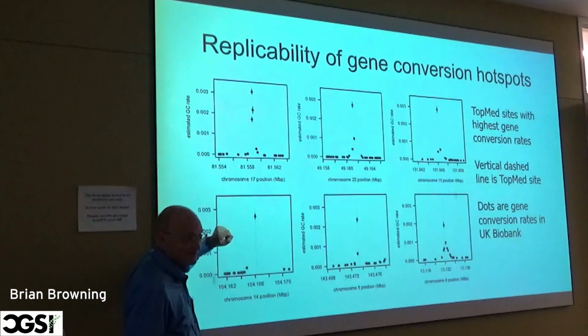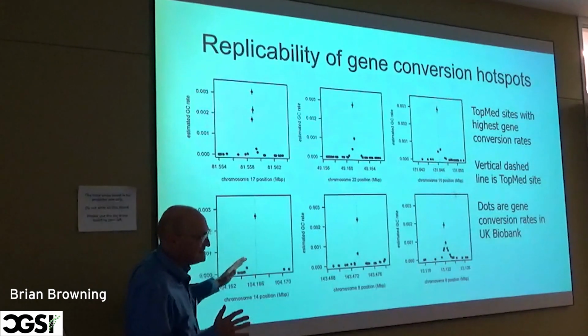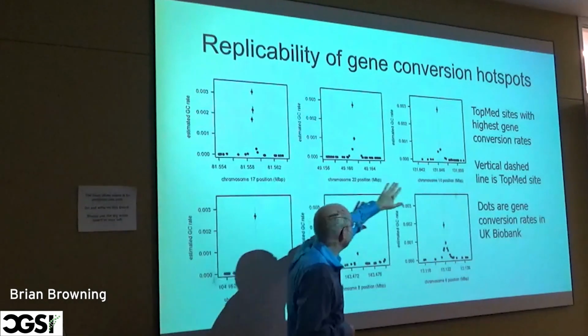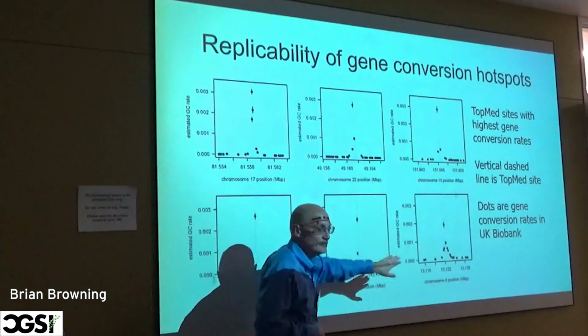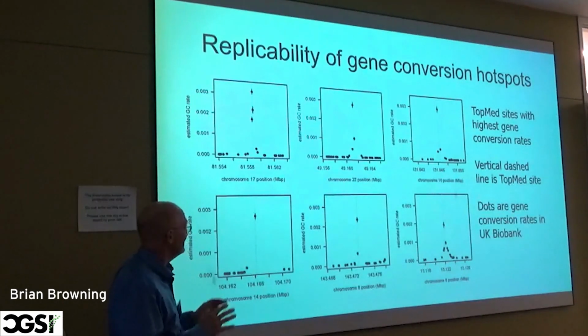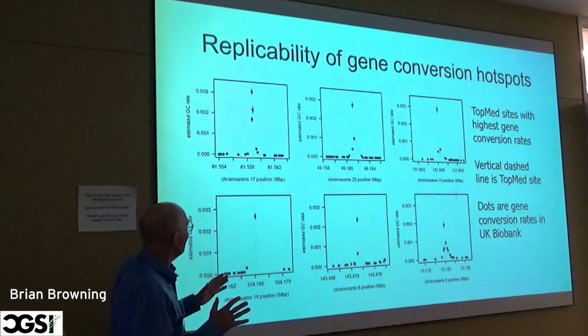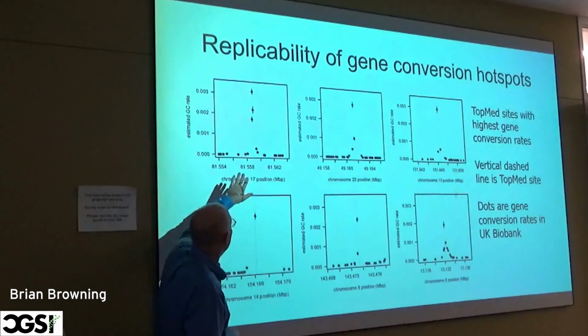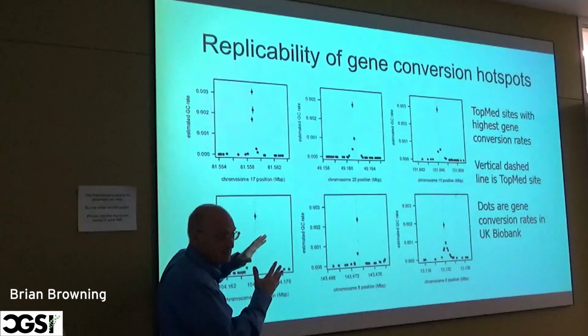And did it replicate? Yeah. Things don't always work out this nice, but it's really nice when they do. In every case, we have a massive gene conversion hotspot relative to the background. And then, the cherry on the sundae, the resolution is so good that you can actually see the width of the gene conversion segment.